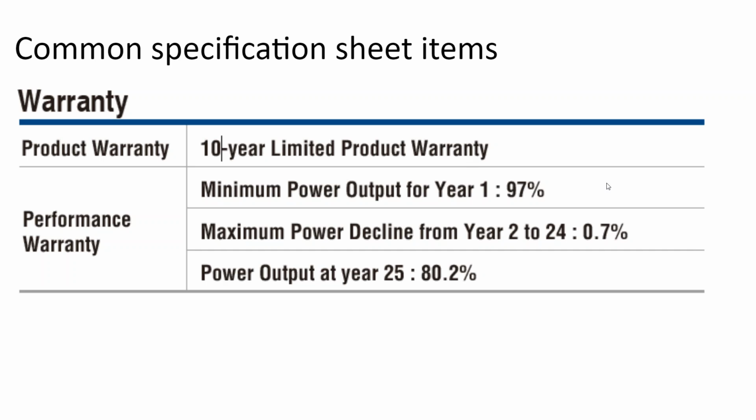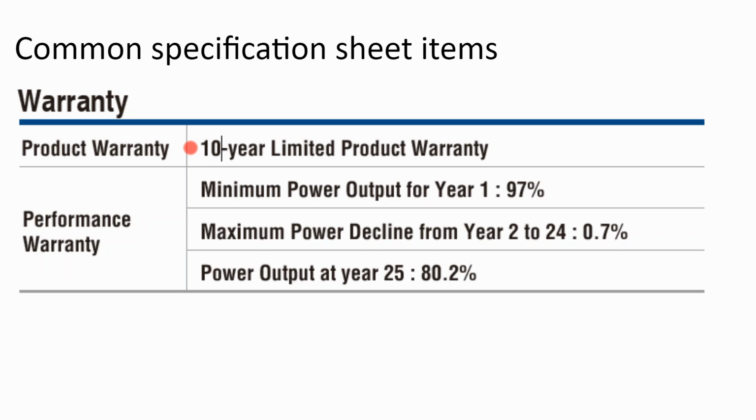So here's a warranty. Here's a 10-year product warranty and a 25-year performance warranty. And that's pretty common of your mid-range solar panels. On your high-end panels, you'll often get a 25-year product warranty and a 25-year performance warranty. Well, what's the difference?